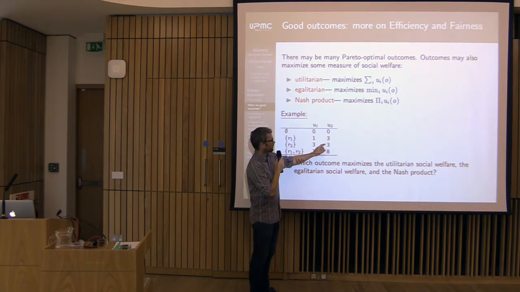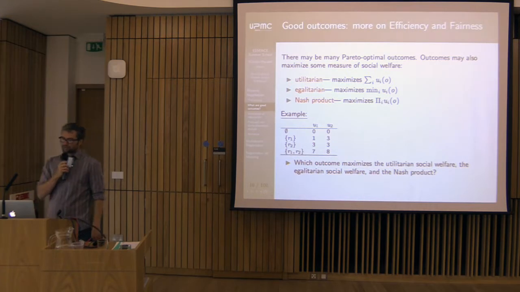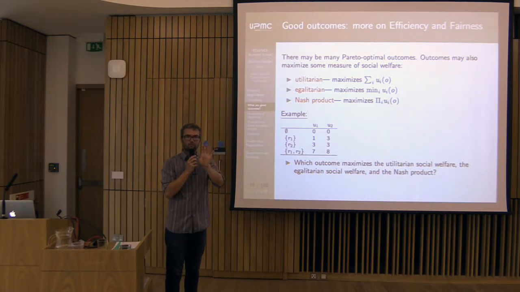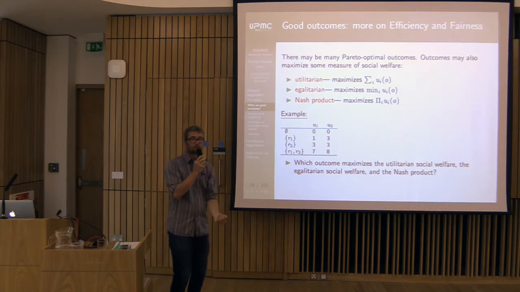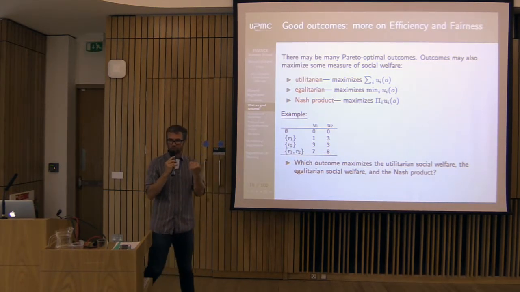You see that this one is Pareto dominated, and in this one you have a 0, so the product will be very, very bad. So typically the Nash product is usually seen as a sort of compromise between efficiency and a bit of fairness, because if you have one agent which is very badly served, then his utility is very low and it will damage the product.